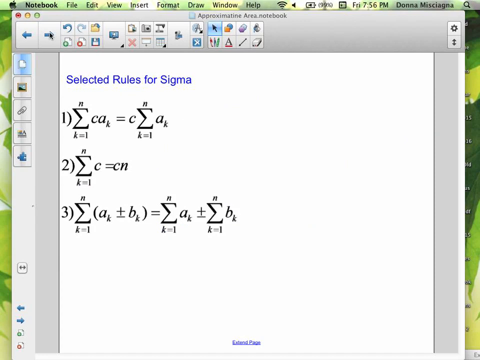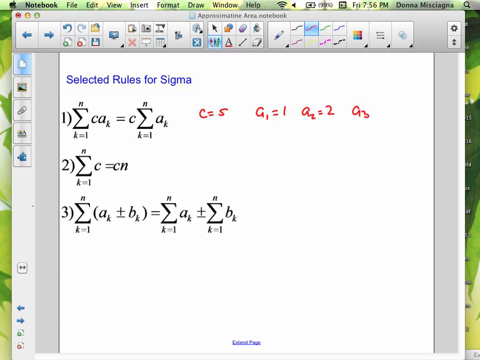And all that first rule is really saying is that you could either, for each value, multiply by this constant. So, let's just say the constant here is 5, and let's say the terms for our sum were A1 is 1, the second term is 2, and the third term is 3.